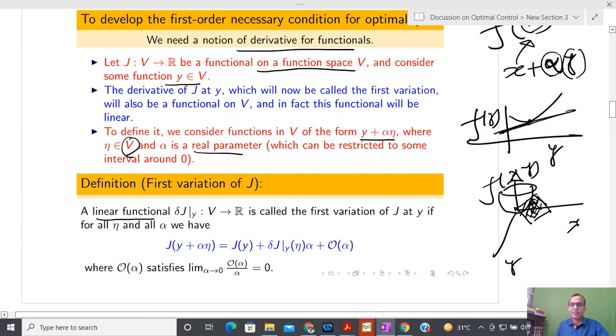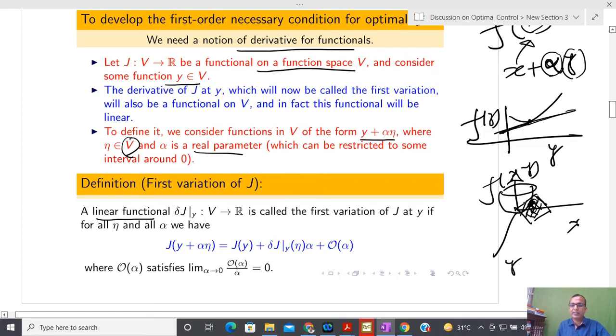Linear transformation will give us the physical interpretation of the derivative in the case of higher dimensional space. Similarly here, since I am in a space where each and every element is a function, I have to search for some kind of linear functional. That linear functional is going to approximate at some point, and the point is a function, with best possible accuracy.